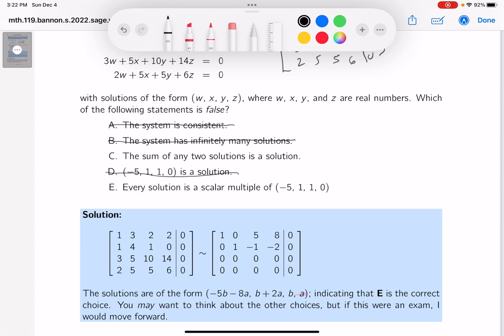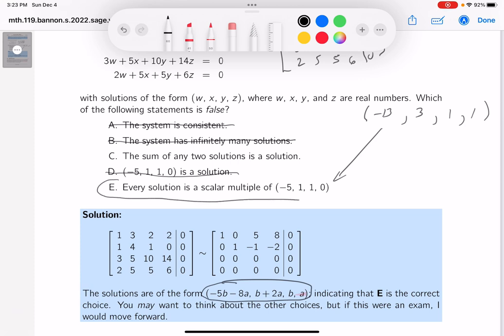Well, let's write another one down that's not a scalar multiple of that. I'm going to use simple numbers: 1, 1. And what would you get over there? You'd get 3. And then you get minus 5 minus 8 is minus 13. And that's definitely not a scalar multiple of this.